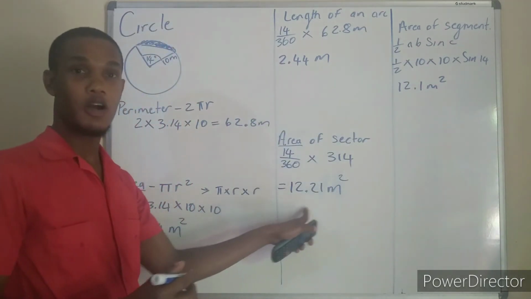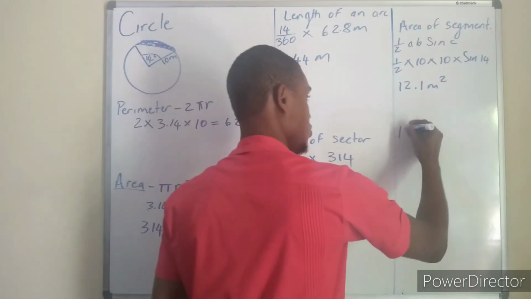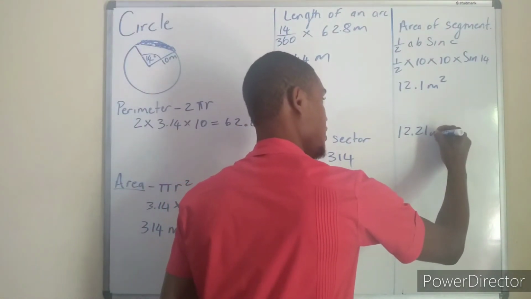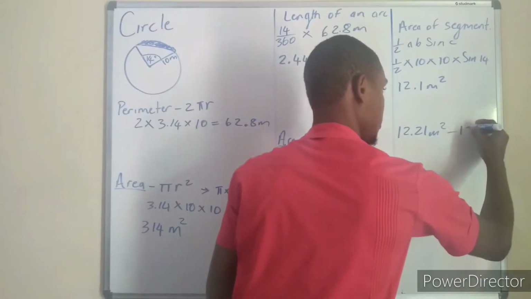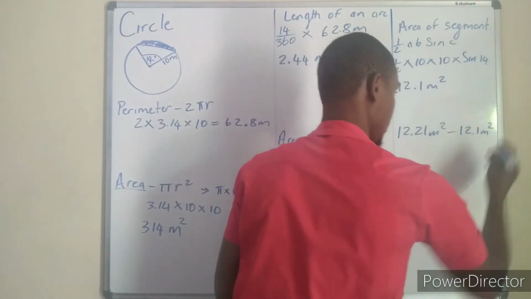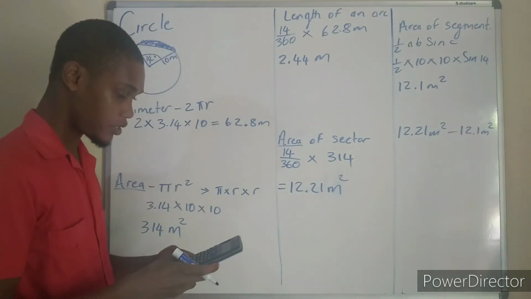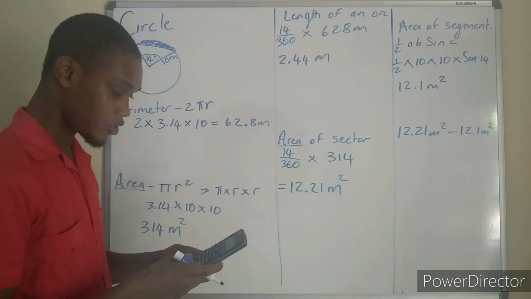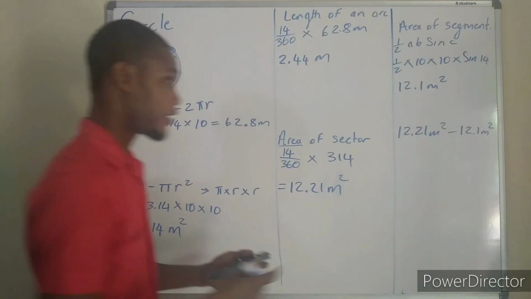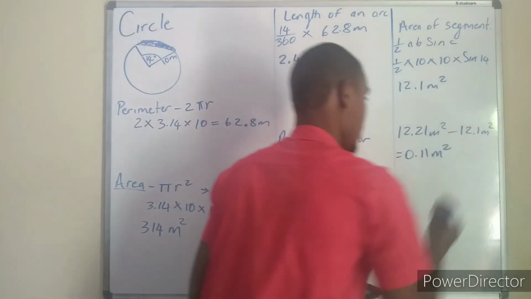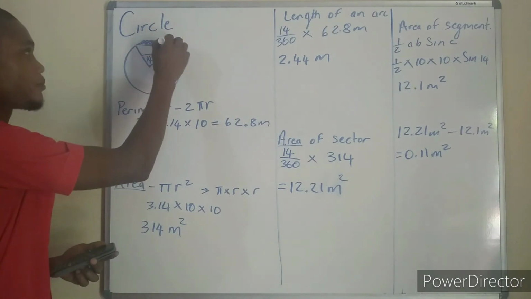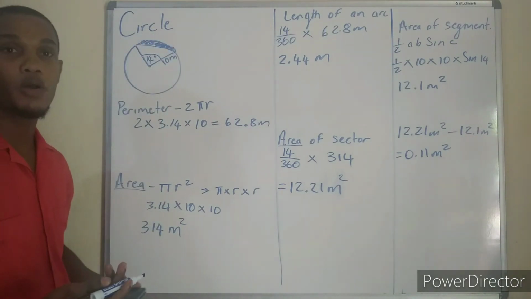The sector is already here, so we know that is 12.21 meters squared, minus the area of the triangle that was just worked out. So 12.21 minus 12.1, and the final answer is 0.11 meters squared. So the area of this little segment is 0.11 meters squared.